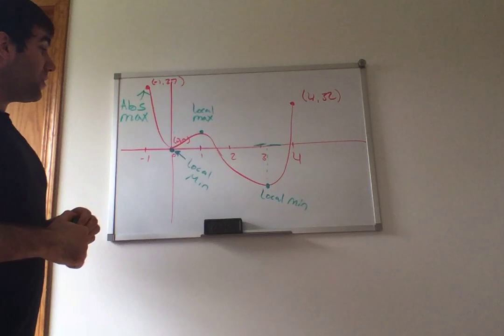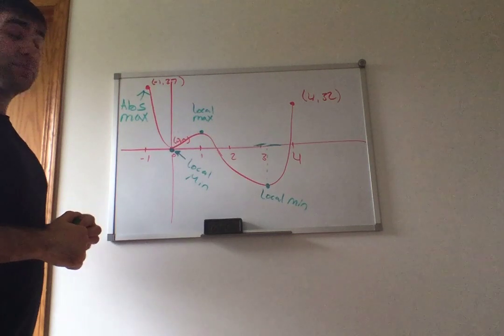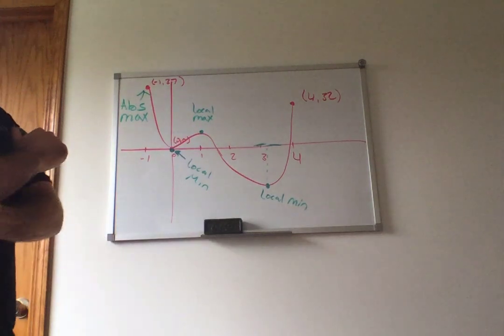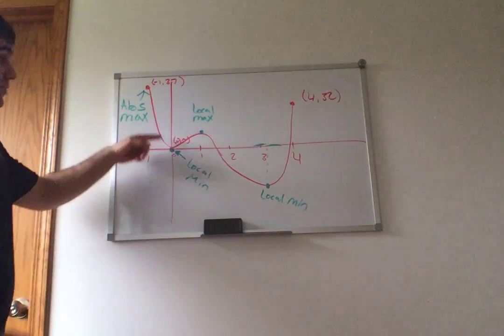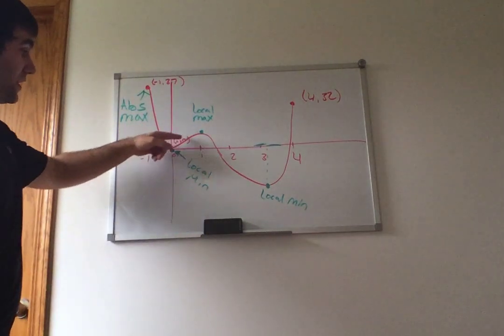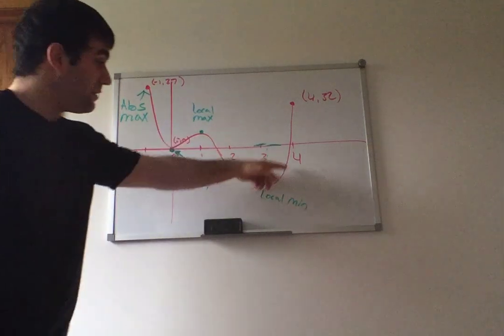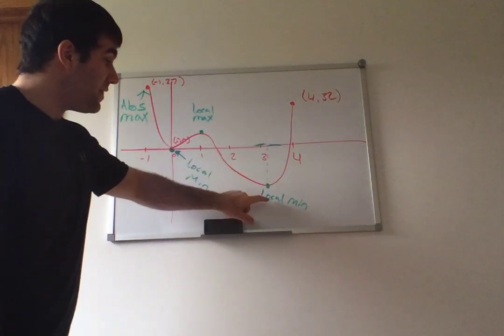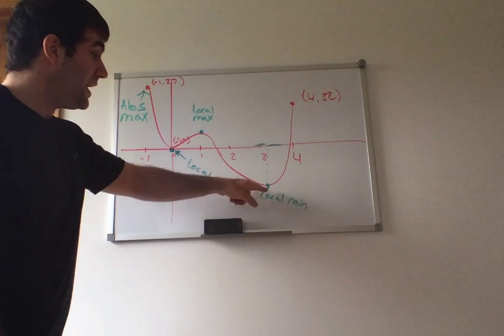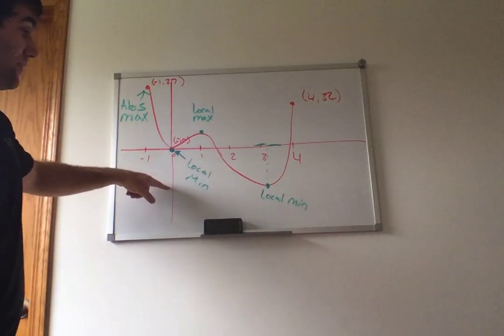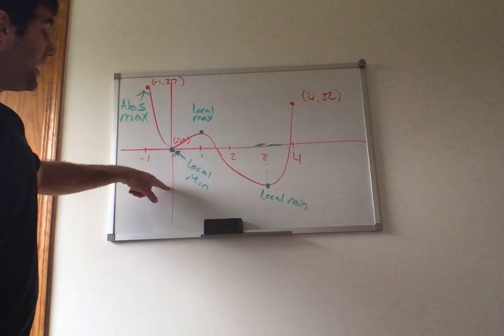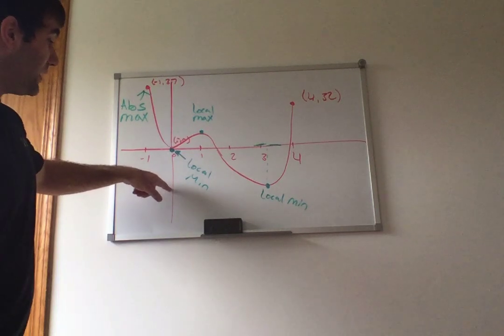Now, we want to find the absolute minimum. We need to find the lowest point in the graph. Yes, we have a minimum right here because it's a valley. We have a minimum here because it's a valley, but this one right here, it is the lowest point. If I were to go over here to the y-axis and find its actual value, its lowest point is down here.